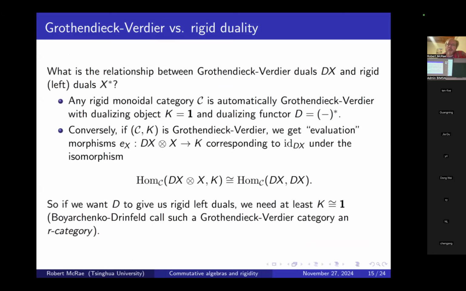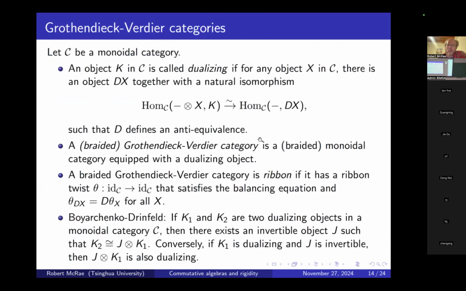So just to emphasize, why is Grothendieck-Verdier duality a weaker version of duality? Well, if you have any rigid monoidal category, then it automatically has a Grothendieck-Verdier structure where the dualizing object is the unit object and the dualizing functor is, I would usually call this the left dual functor. Maybe some people call it the right dual functor, but it is whichever duality functor you need to get this natural isomorphism here to hold.